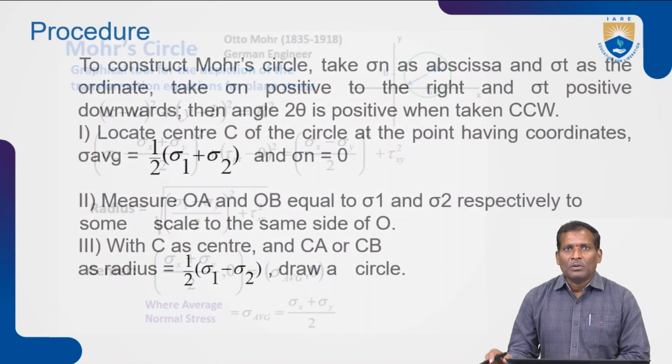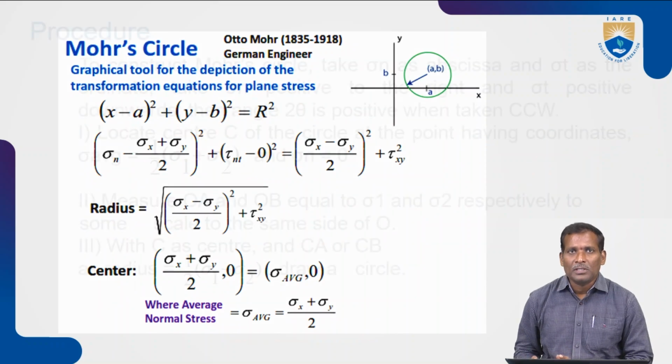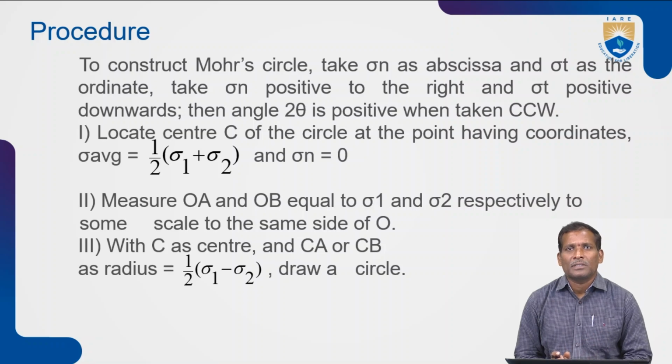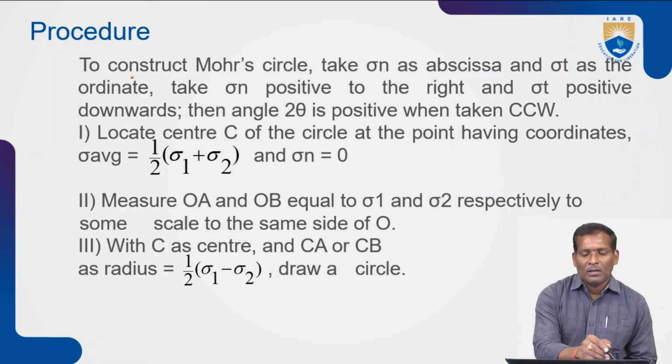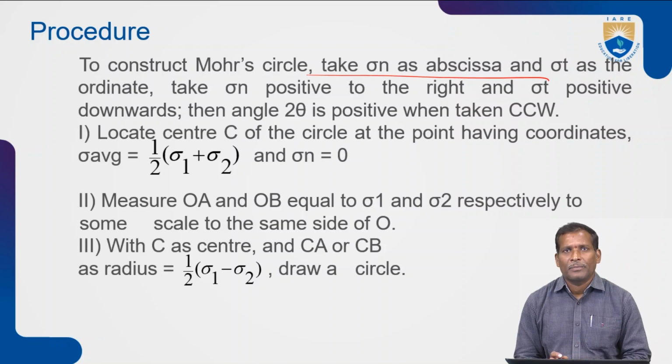So now, how to construct this Mohr circle, we will see the procedure. The first step is to locate the center point. To construct the Mohr circle, take sigma n as the abscissa and tangential stress sigma t as the ordinate.